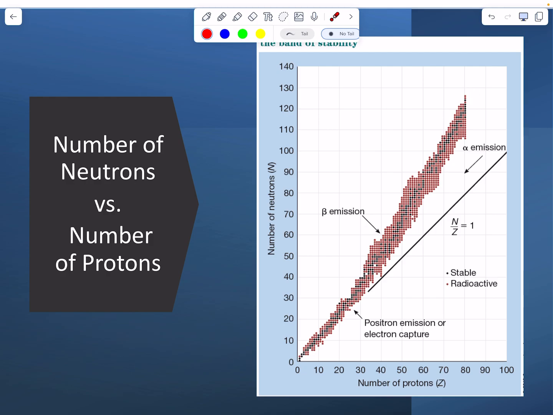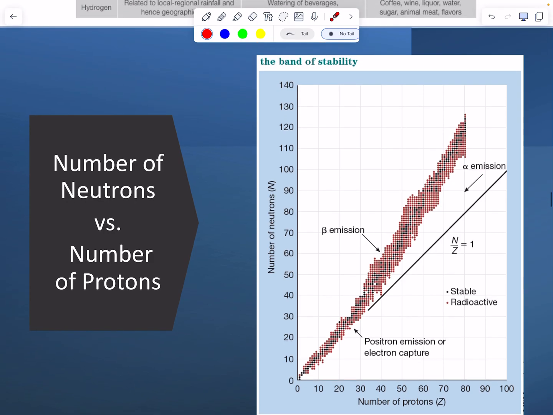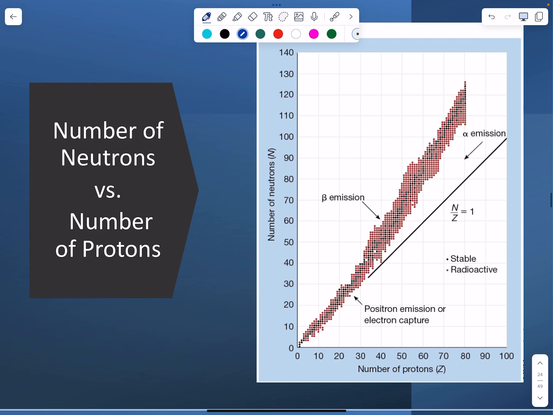The title of this figure is The Band of Stability. These are isotopes that we see. Remember our cutoff point: 83 protons. Greater than 83 protons, your element's nucleus is not stable.